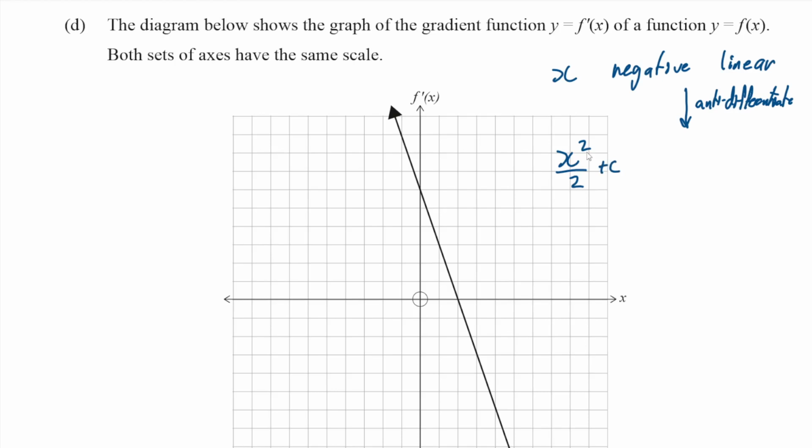So we would expect a negative quadratic. So just by acknowledging that this is a negative linear graph, the antiderivative will be a negative quadratic graph.